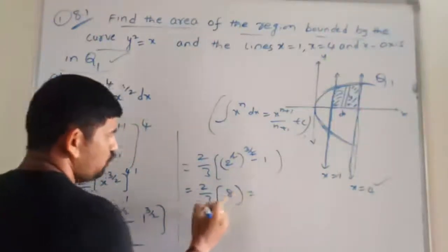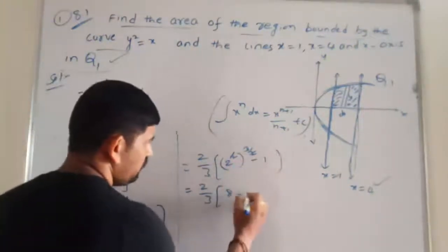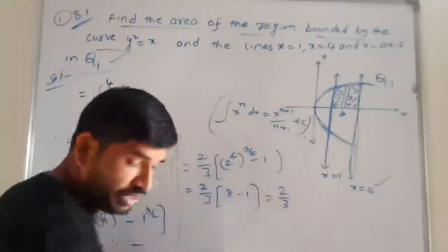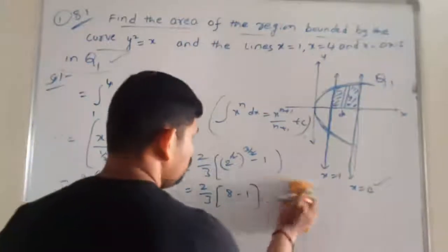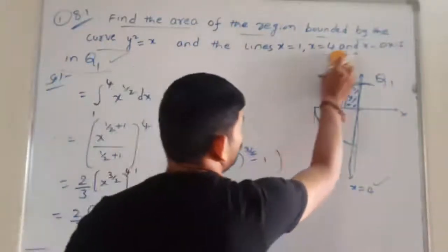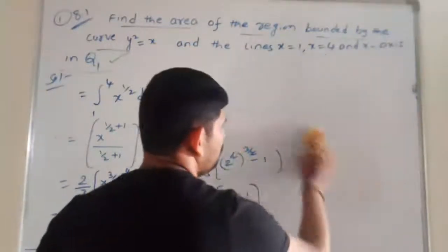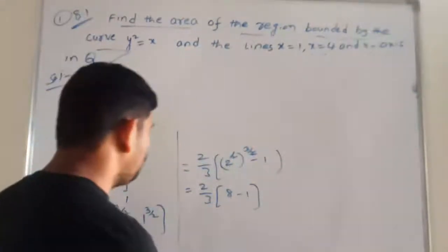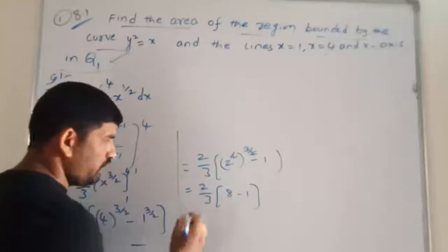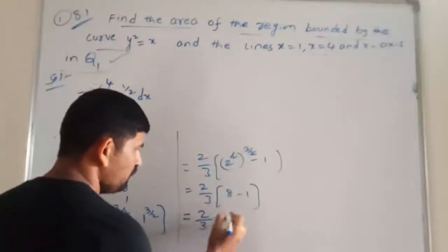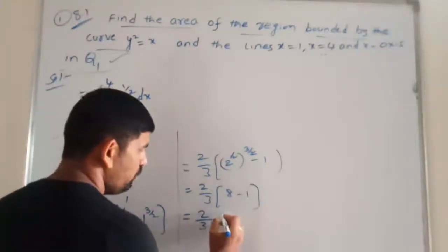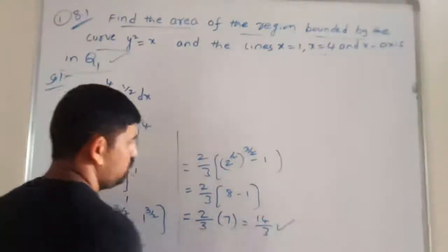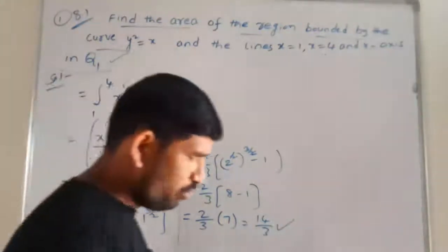Minus 1 is there. A diagram is necessary to complete the solution in the areas chapter, application of integrals. Everyone should draw the diagram, otherwise you won't get full marks in NCERT. 8 minus 1 is 7, so 2 by 3 into 7 is 14 by 3. This is the final answer, 14 by 3.